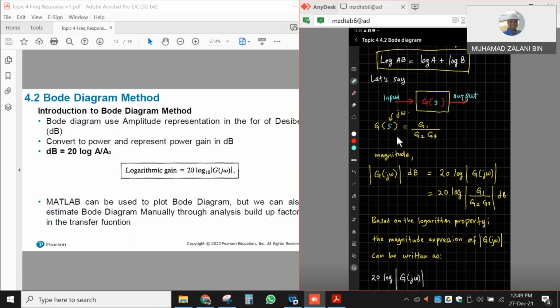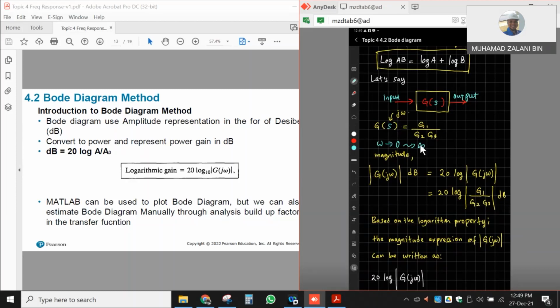Basically, we will substitute S with J omega because we want to observe the behavior, the plot for the magnitude, when omega varies from 0 to infinity.